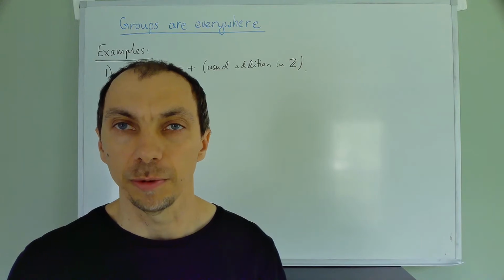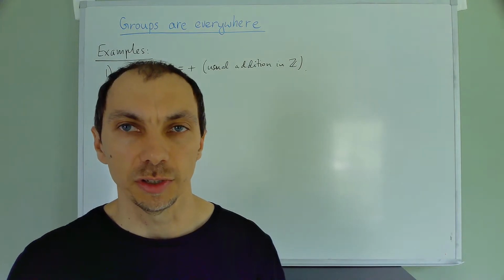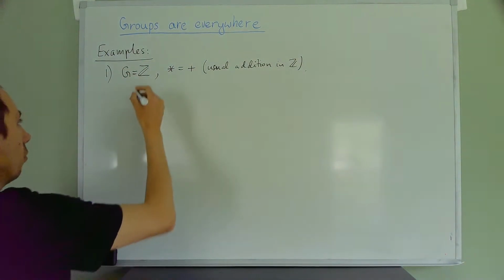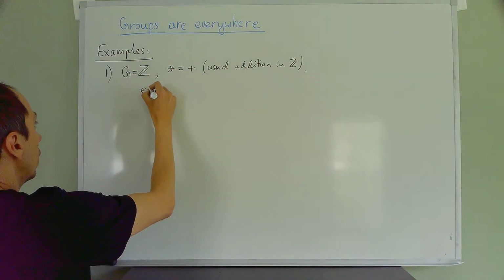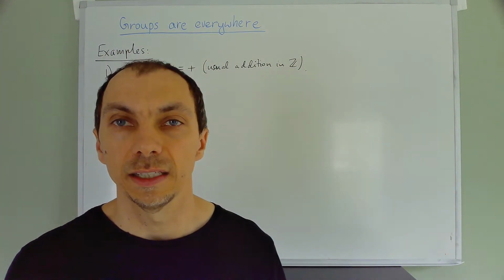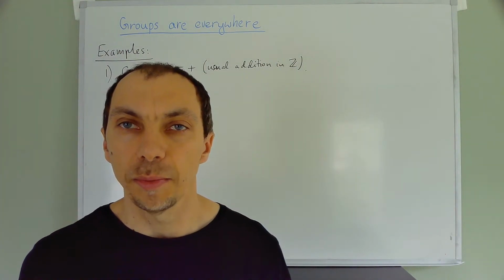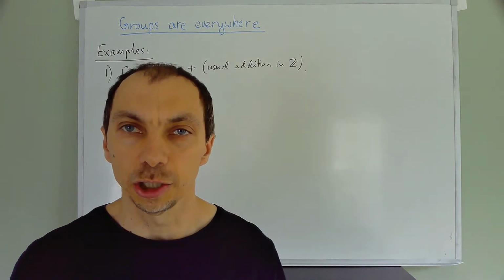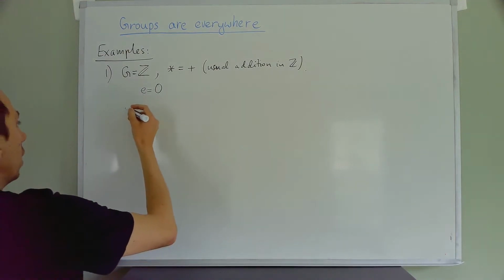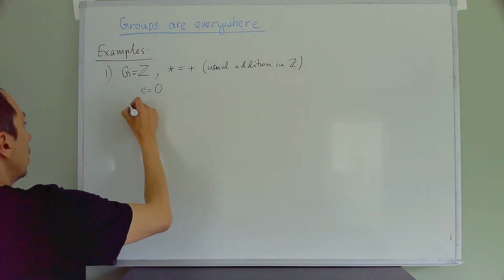Addition is certainly a binary operation on Z that is associative. There is the identity, namely the zero in Z. And does every element have an inverse? Remember, the operation here is addition, so the inverses are just the negatives. So yes.